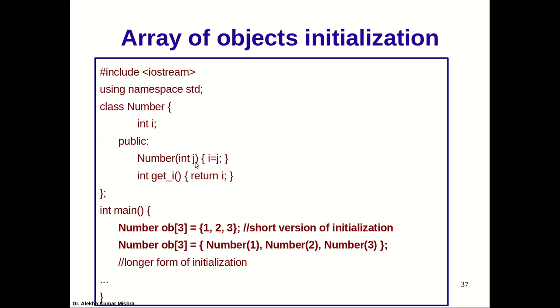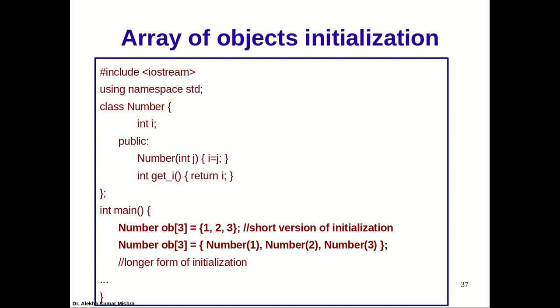It's a very simple constructor task. We are simply assigning the j value to i. And we have another member function to print the value of i. Whenever we need to know the current value of i, we can just get it. That's it.